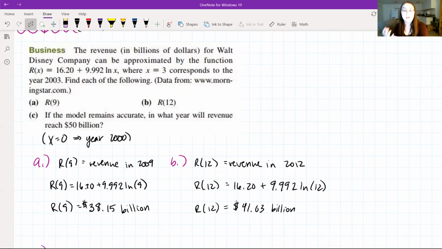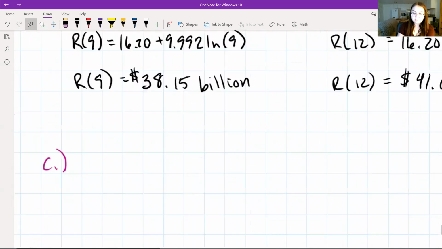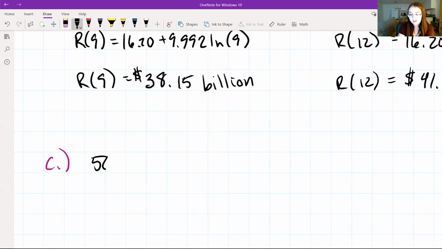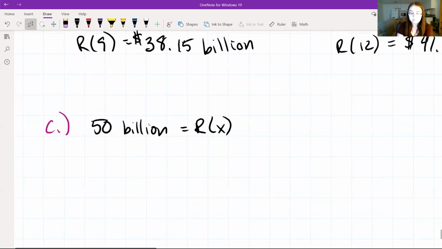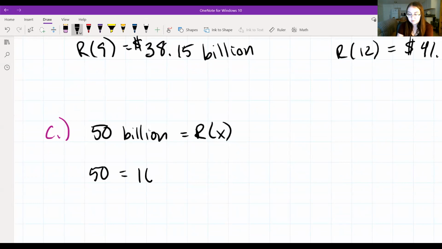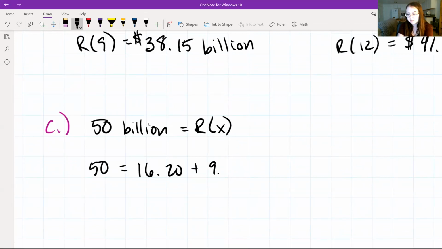So we're going to plug in 50 for R of X, and we're going to solve for X. So we say 50 billion is equal to R of X. We know this is already in terms of billions, so we don't have to write out all the zeros that come along with that. This is going to be 50 equal to 16.20 plus 9.992 times the natural log of X.